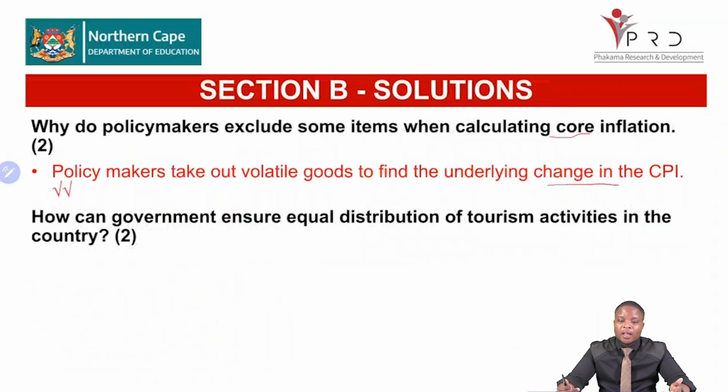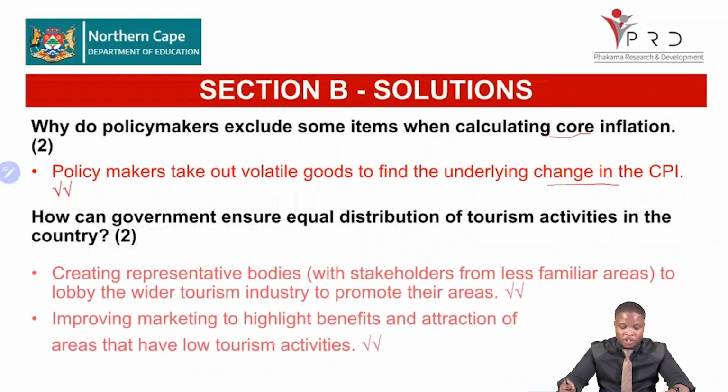What causes this inflation beside the products that are highly volatile? How can government ensure equal distribution of tourism activities in a country, so that there are fewer places without tourism, because maybe they are rural or less known? How can government ensure that there's equal distribution?